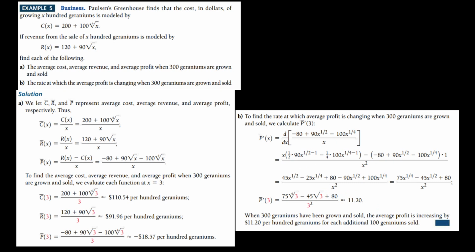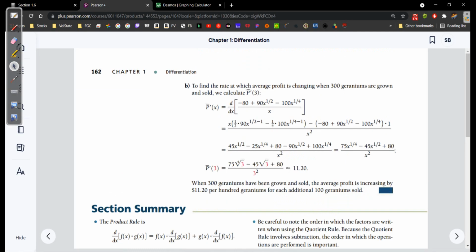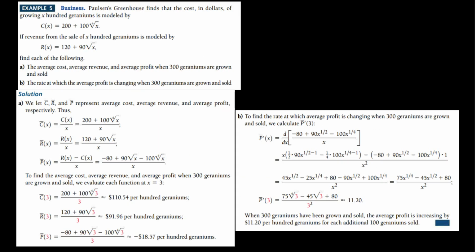Sorry, I hand waved a little bit through that, but my main point is that I thought it was a pretty interesting example, and I don't think it goes any further into the example. We see here at 300 geraniums, we're operating at a loss. But also at 300 geraniums, the instantaneous rate of change, we are growing in profit by $11.20.